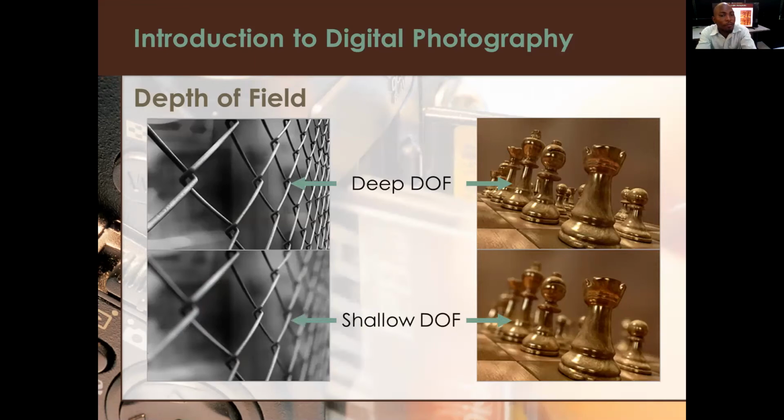So at the top we have a deep depth of field, in which focus is at the front and everything in the back is blurred. In the shallow depth of field, there's some amount of detail in the back and the focus is in the front.